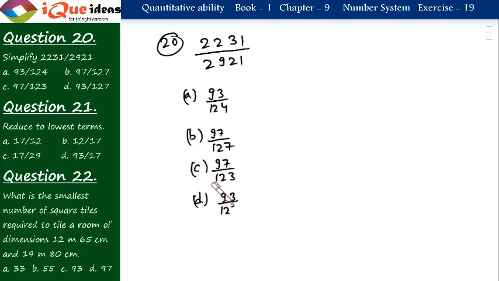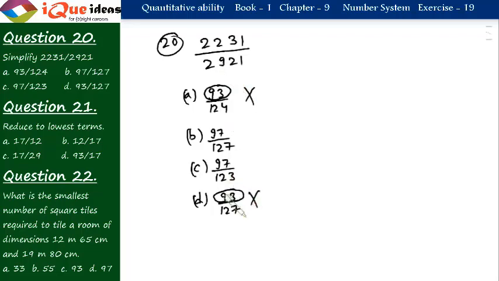Now see, in option A and in option D, we have 93 in the numerator. That is the answer after simplification. 93 is divisible by 3, so the original numerator should be divisible by 3. Check the numerator: 2 plus 2, 4, plus 3, 7, plus 1, 8. It is not. So A cannot be the answer, D cannot be the answer.